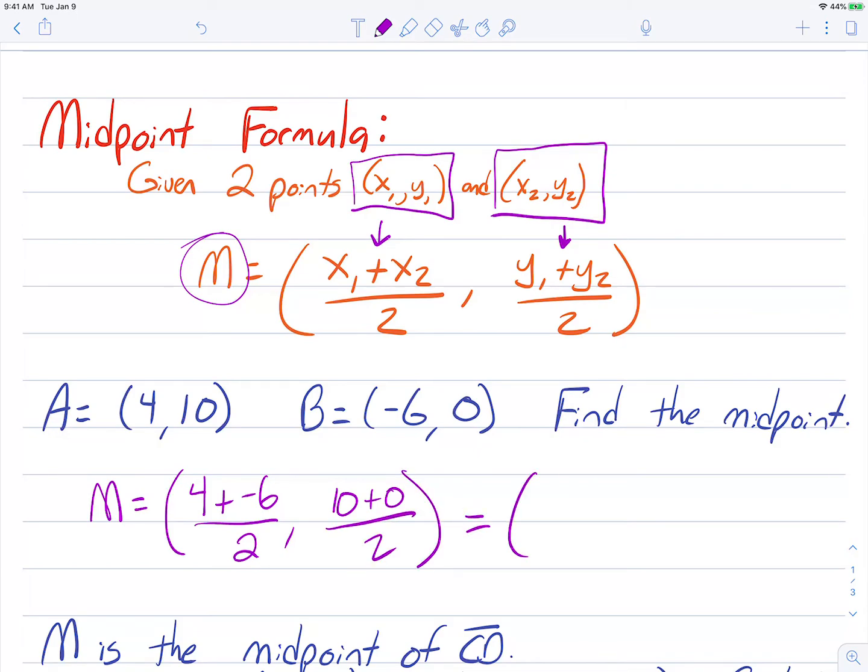So I have 4 plus -6, also known as 4 minus 6, which is -2, divided by 2, and 10 plus 0 is 10, divided by 2. And if I finish this to get a whole number (if it's not a whole number, leave it as a fraction), I get -1, 5. So the point -1, 5 is directly in between points A and B.